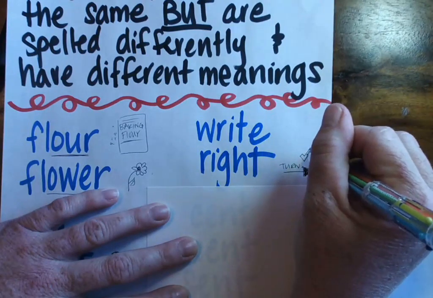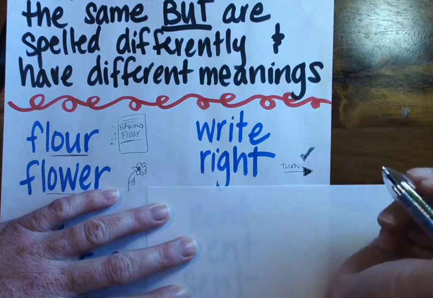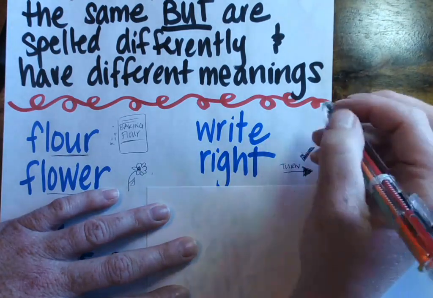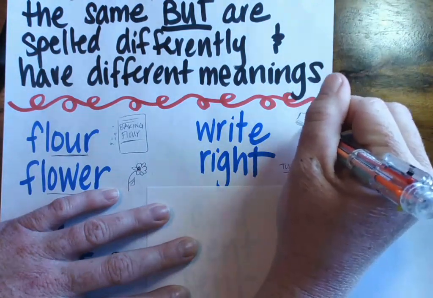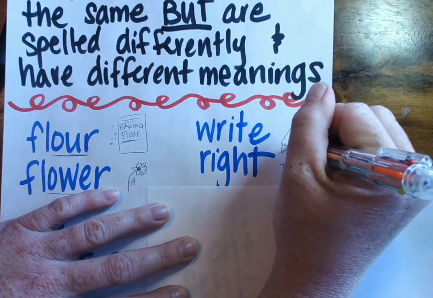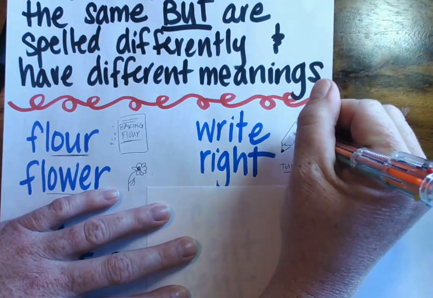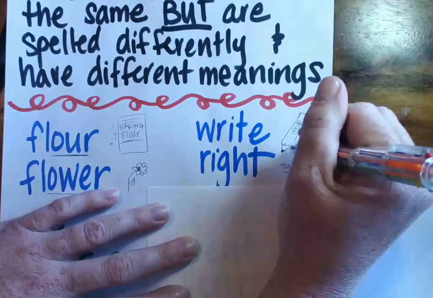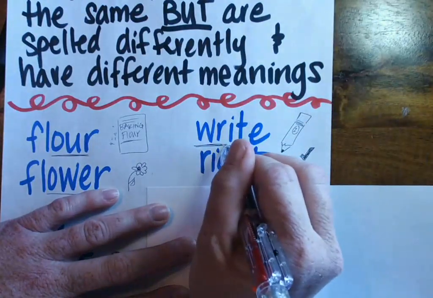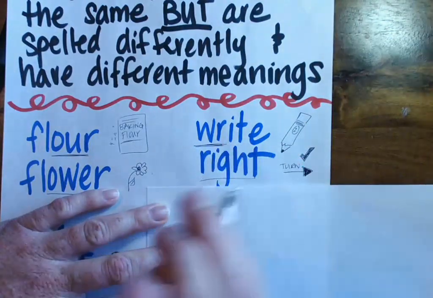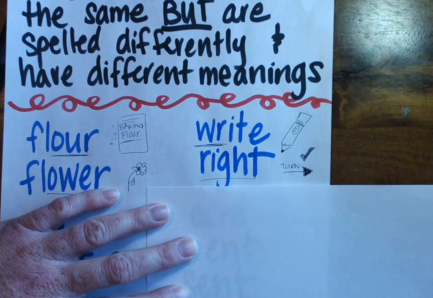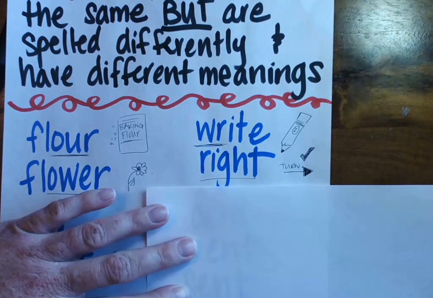And those are both spelled R-I-G-H-T, okay? This write is the one that you do in our class every day with a pencil. If you were to write a story or write something, that's going to be spelled with the W-R-I-T-E, and then R-I-G-H-T is when you're turning right or when you get something correct or right.